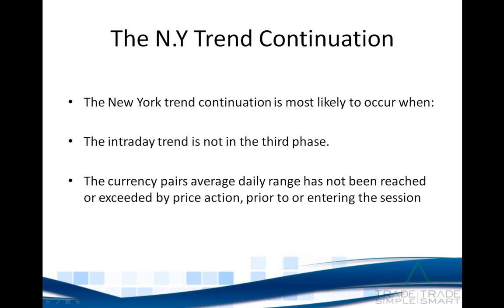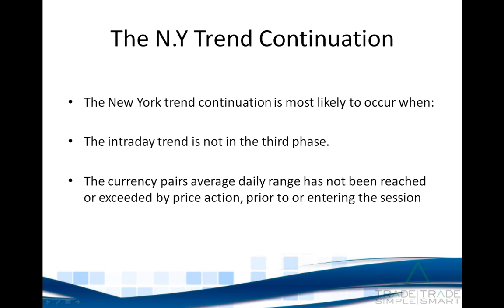Now, we know that the market will generally unfold in three phases or three legs. So if we see one or two legs take place prior to the US Open, we can generally expect the third to take place during the session in the direction of the unfolding trend.